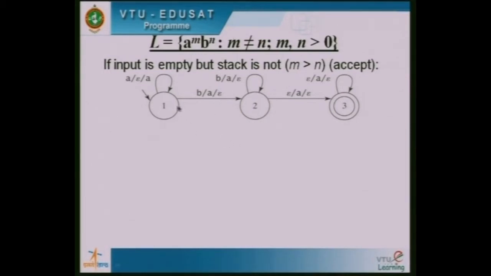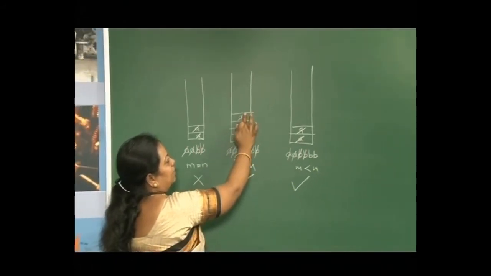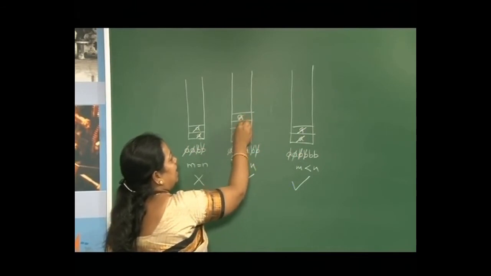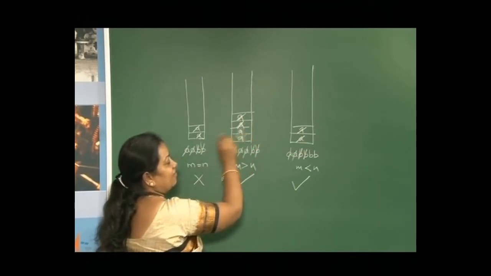So, for this, from the first and second state, by now I have equal number of a's and b's. Now, what happened? 4 a's are pushed, 2 b's consume 2 a's, so 2 a's are popped. Now, input is empty but stack is having a's.